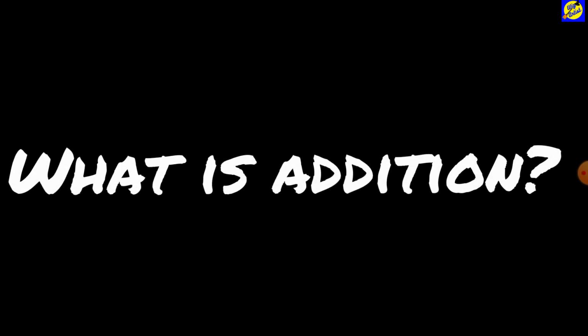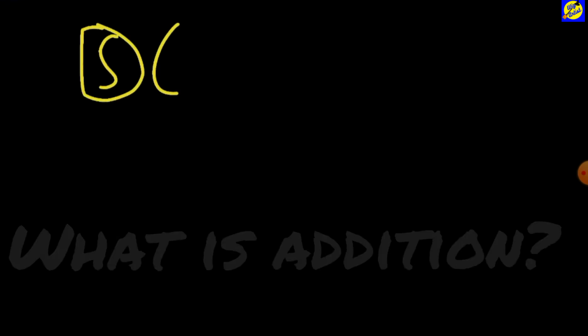So now, first let me tell you what is addition. Addition is another mathematical operator wherein we use it to combine numbers. Okay, and addition is really useful in daily lives. Now, what does combining numbers mean? So I'll give you an example. Your friend has 3 balls and you gifted him or her 2 more balls.